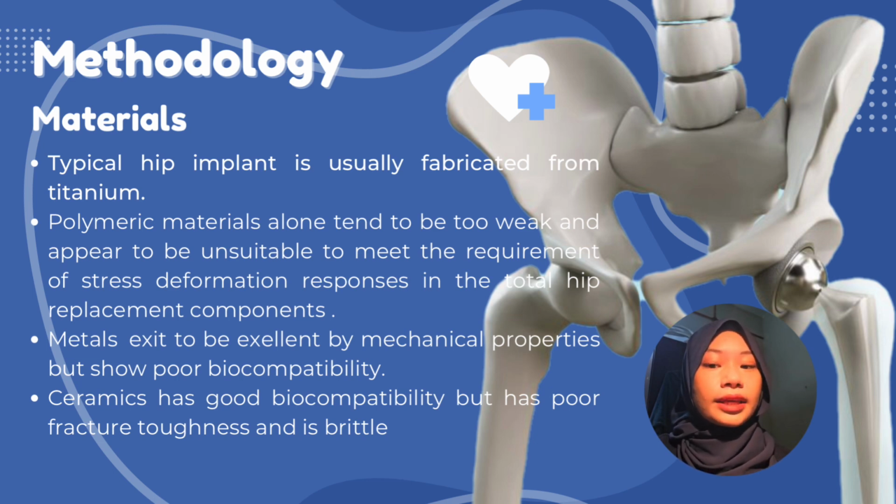Subsequently, metal is excellent in mechanical properties but shows poor biocompatibility, as it causes stress shielding and also releases dangerous metal ions that will eventually lead to failure and need to be removed from the patient's body. Another material which is good in terms of biocompatibility is ceramics. However, it shows poor fracture toughness and is brittle.